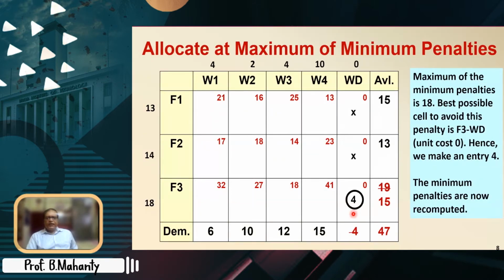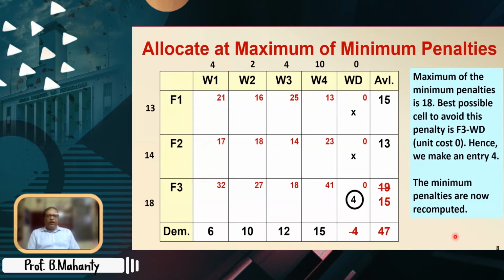The moment 4 is entered, this particular column is crossed out, and thereafter this 4 is also crossed out because it is filled up, and this 19 is reduced by 15. Now again you compute the minimum penalties. So this is 4, 2, 4, 10 and 0, and this side is 13, 14 and 18. Right, now comes the crunch time.